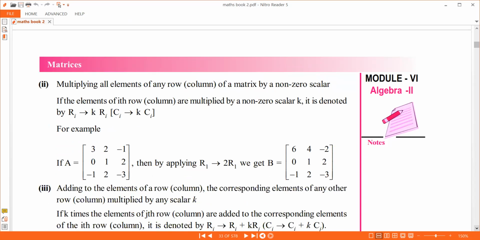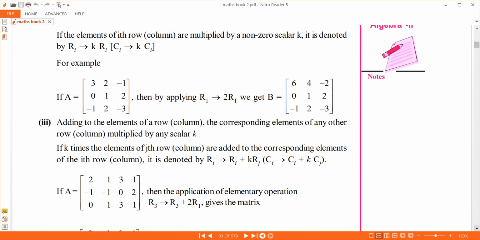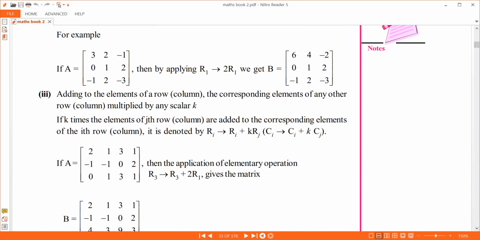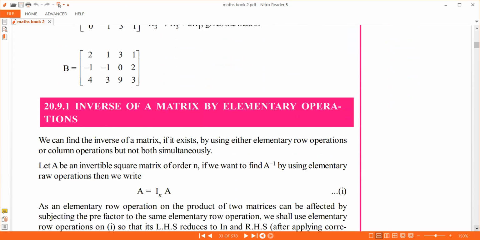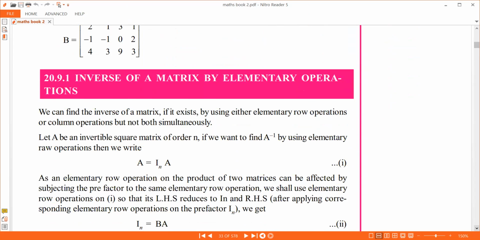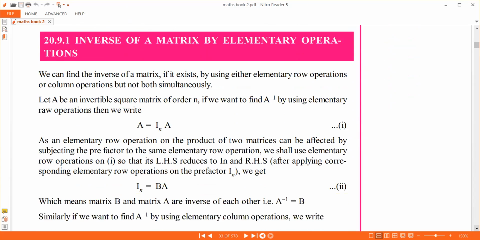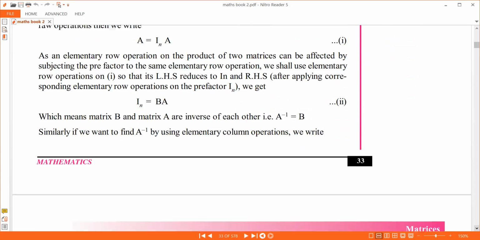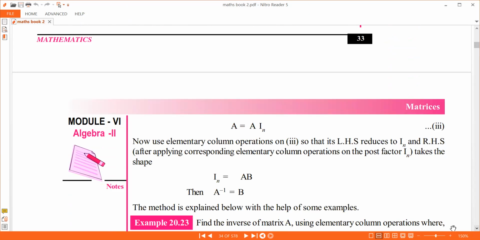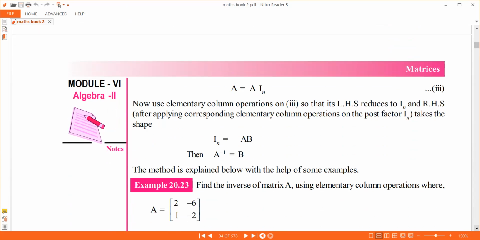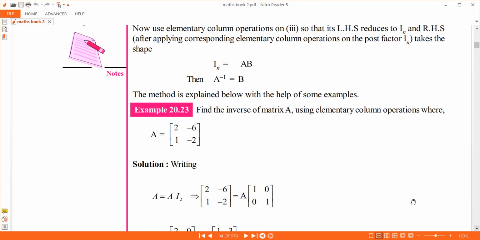Oh, they have done it using elementary operations. There is something called elementary operations. Elementary operation procedure they are doing. It's not the same. What I have done is a shortcut actually. That is not elementary operation. Elementary operation is a somewhat tough procedure.